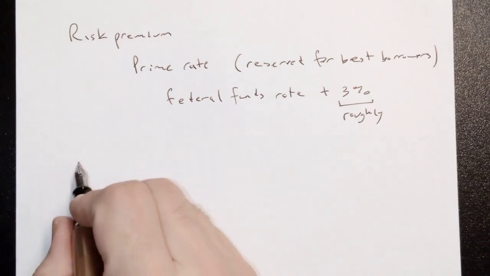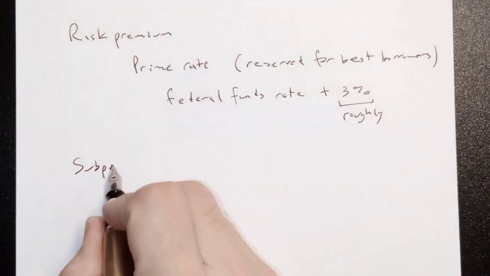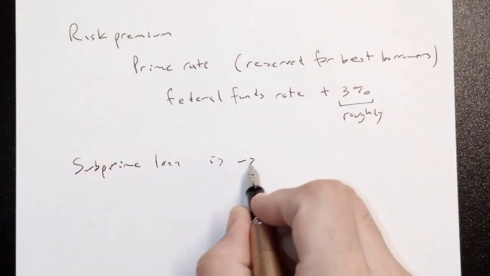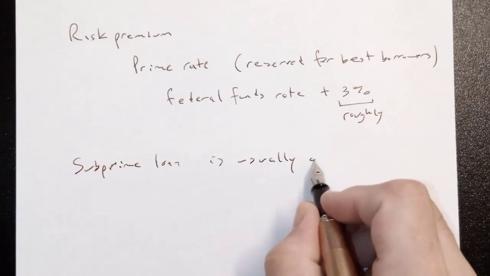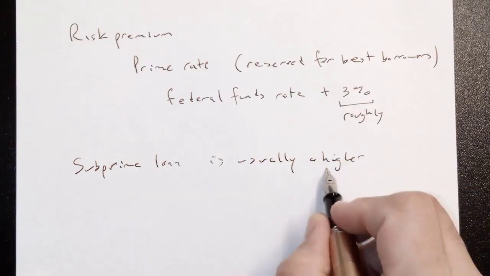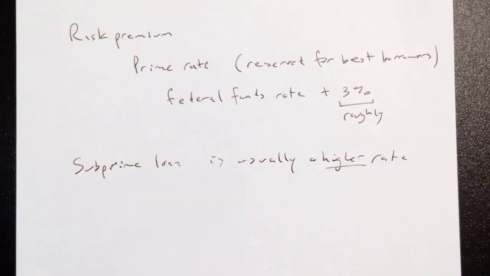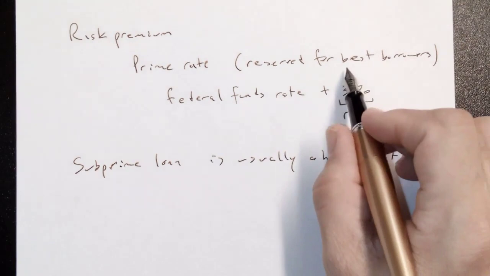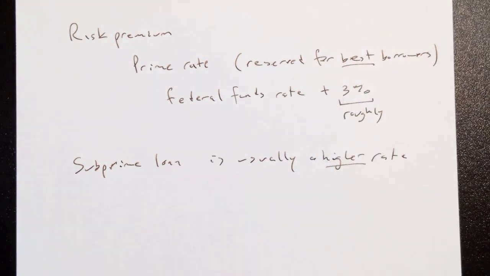So a subprime loan is usually a higher rate, because the borrower is less than optimal. See, the phrase up here says best. So the sub here refers to them being less than best.